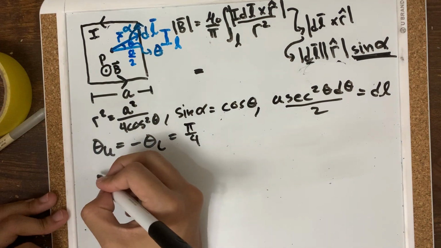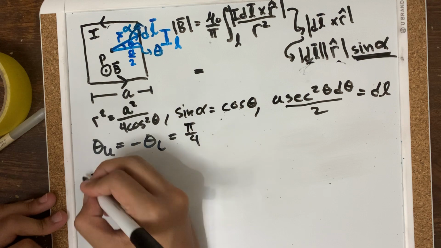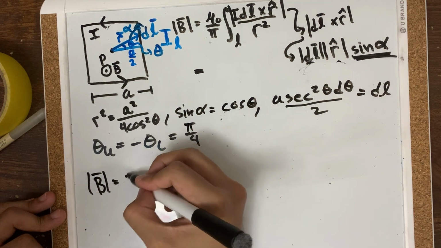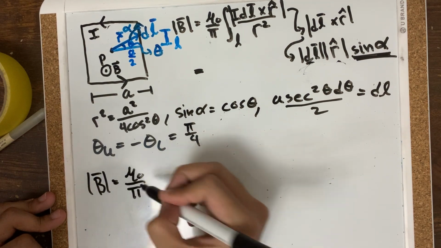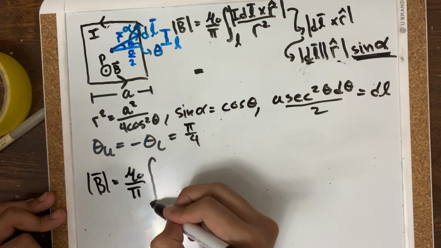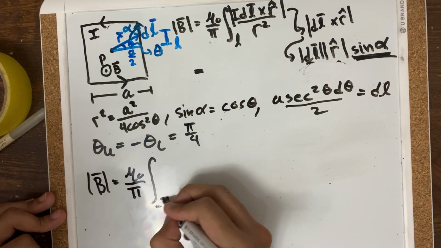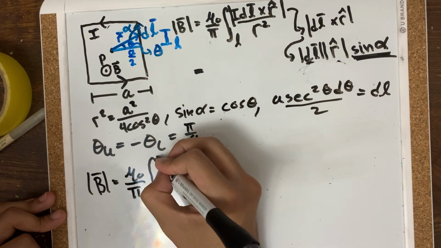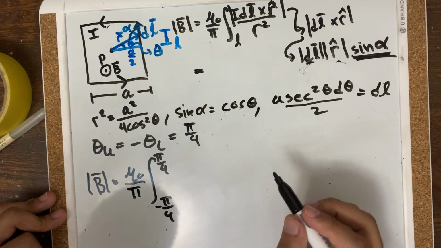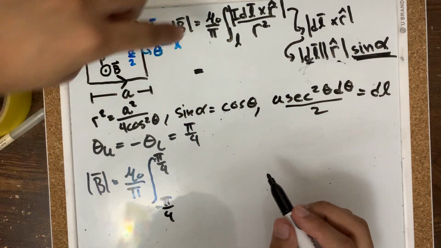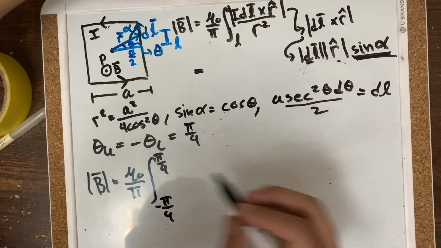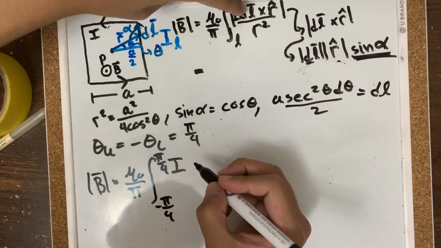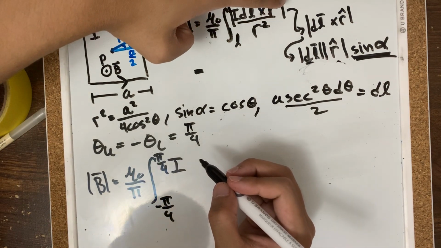Now I'm just going to rewrite our Biot-Savart equation. It's equal to mu naught over pi. Now we are replacing our variables. This integral goes from negative pi over 4 to pi over 4. And we need to multiply I. And then dl cross r hat, we already found the magnitude of it.